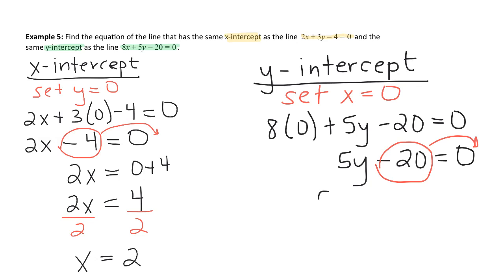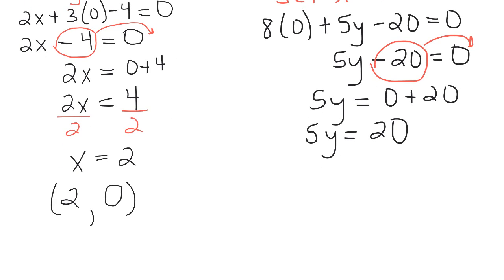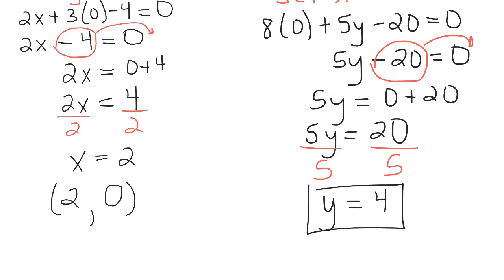That's going to leave me with 5y equals 0 plus 20. And 0 plus 20 is simply 20. To isolate for y, I'm going to divide both sides by 5. And that's going to give me a y value of 4. So my y-intercept is 4.